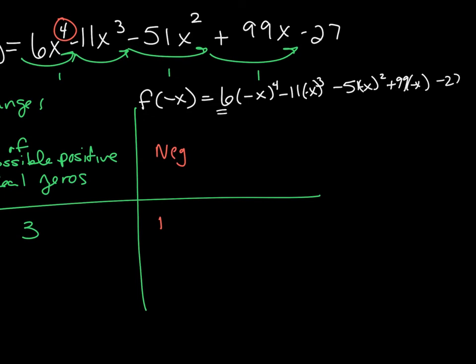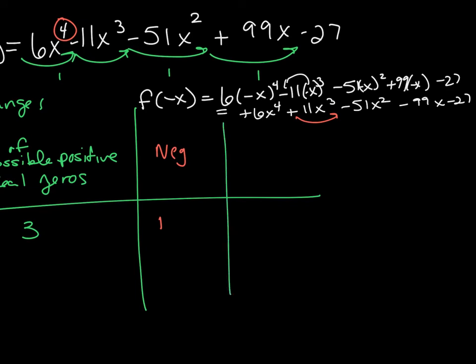You would be left with a positive 6x to the 4th minus 11x to the 3rd. That negative changes to a positive, minus 51x squared minus 99x minus 27. So for this whole thing, there is only this one sign change. But again, you can always count on that formula working.